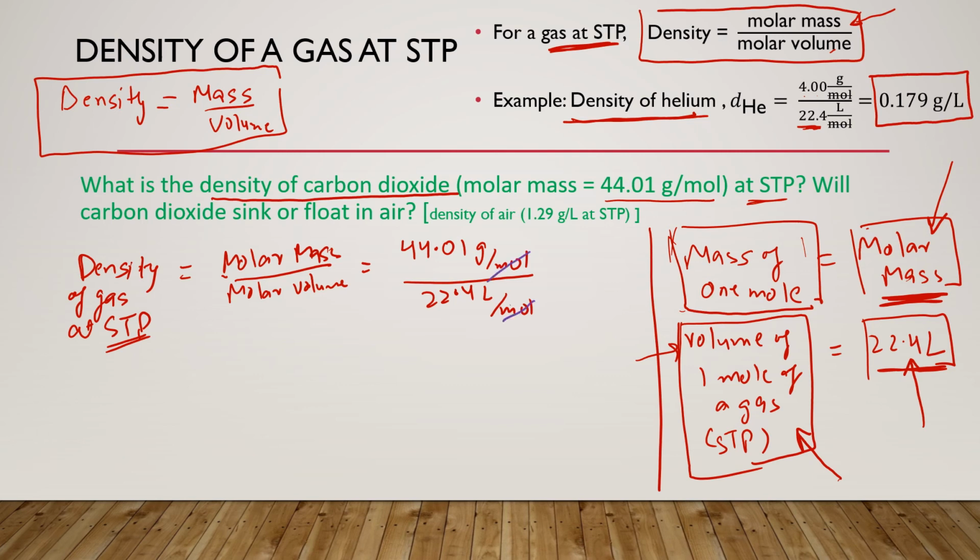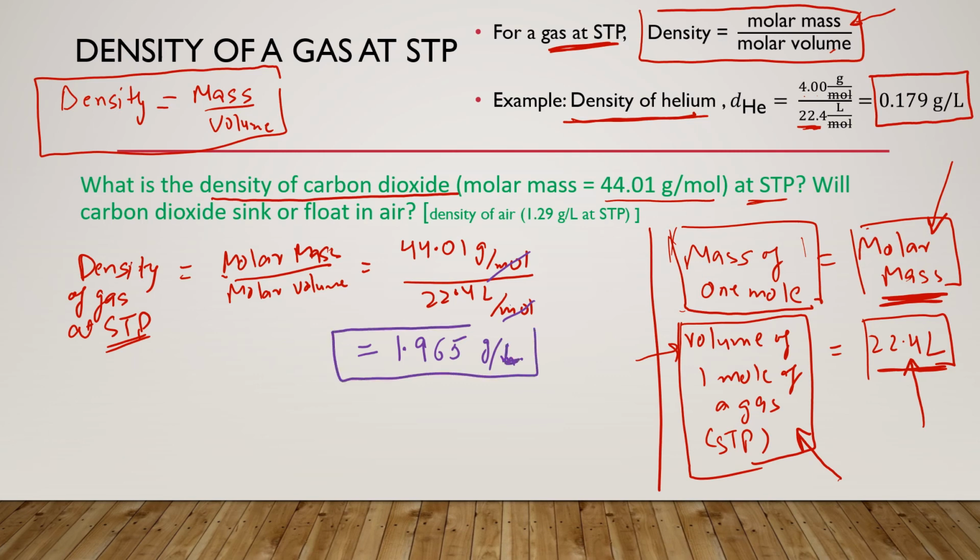Liters per mole means it is the volume of 1 mole of that substance. So moles and moles cancel, and if we divide 44.01 by 22.4 liters, let me use my calculator, the answer comes out to be 1.965 grams per liter.